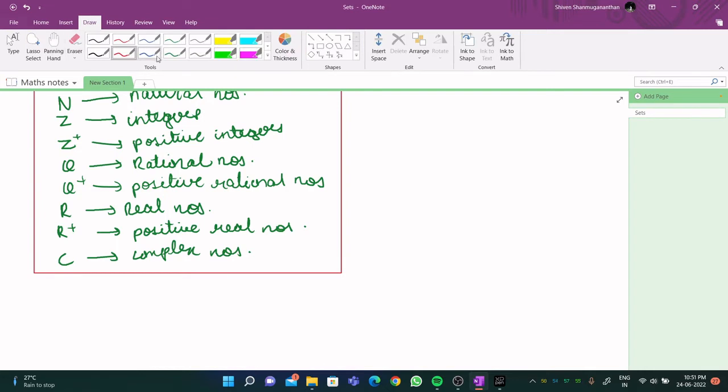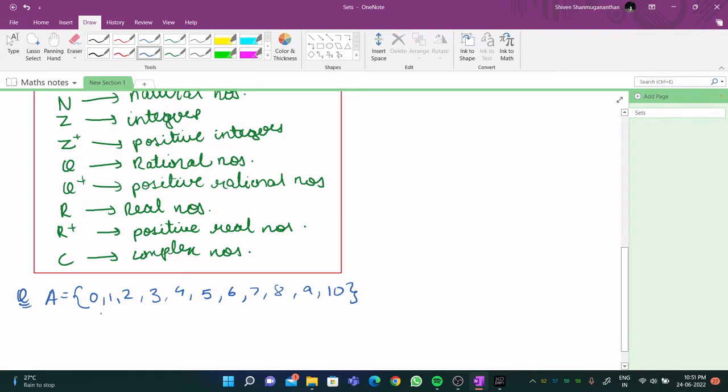Draw. I'll do it in blue. So the question says if A has these elements 1, 0, 1, 2, 3, 4, 5, 6, 7, 8, 9, 10.